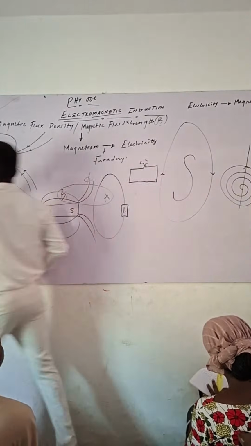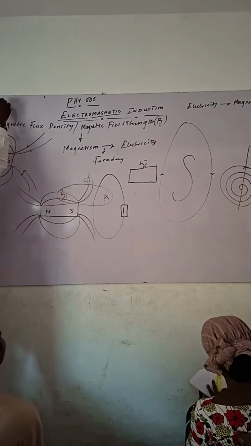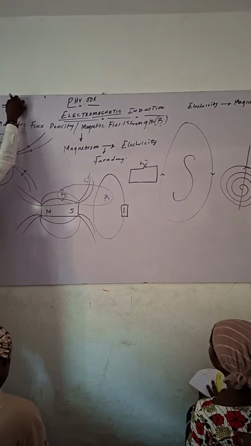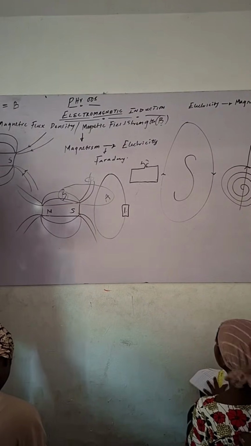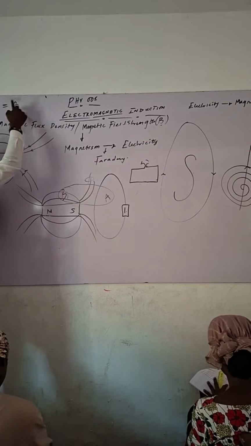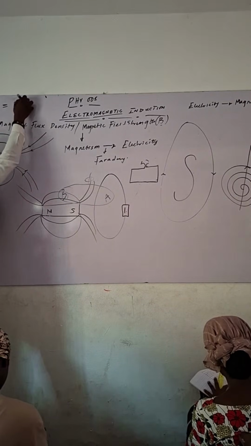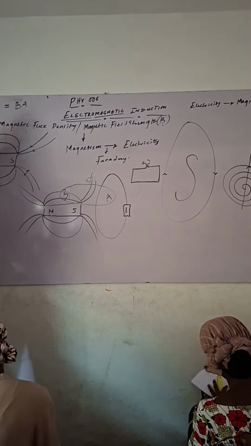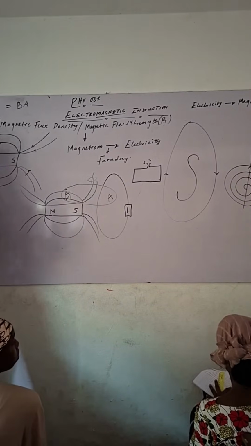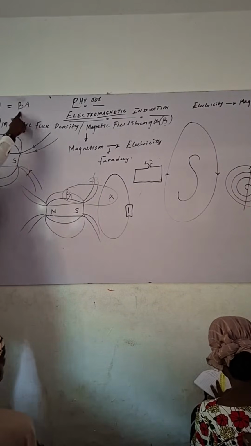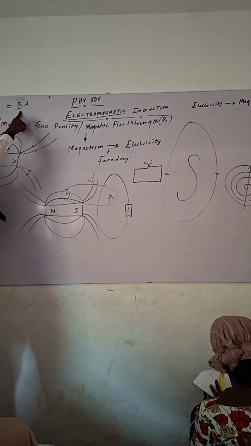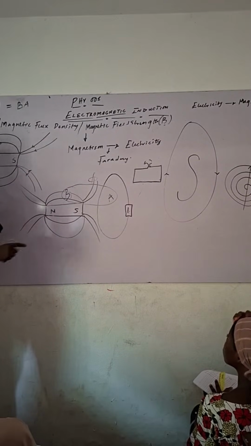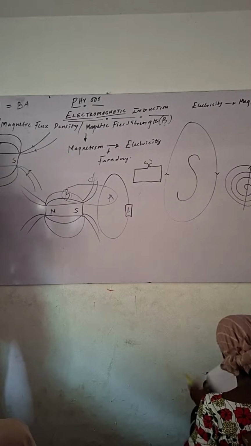So for definition, the first thing you need to know is that magnetic flux is given as the product of magnetic field strength, or the number of magnetic field lines, entering a given area. That is what magnetic flux is in definition. So that is the definition.